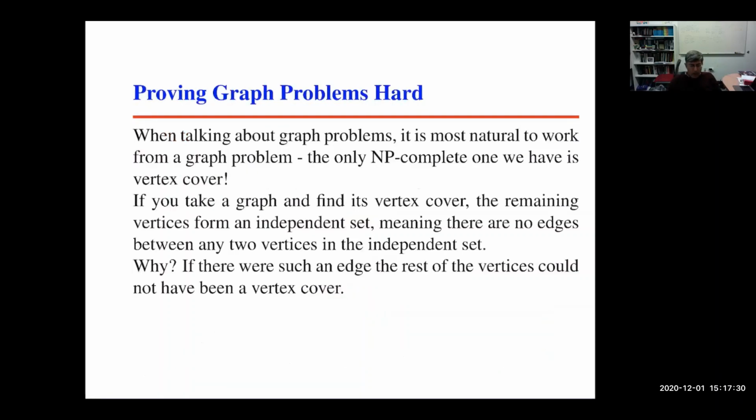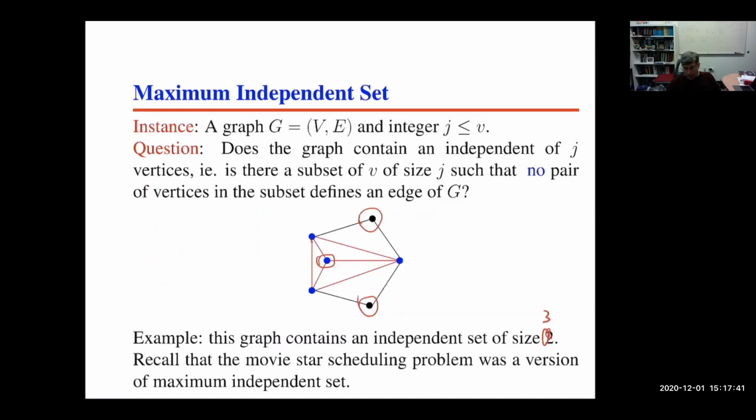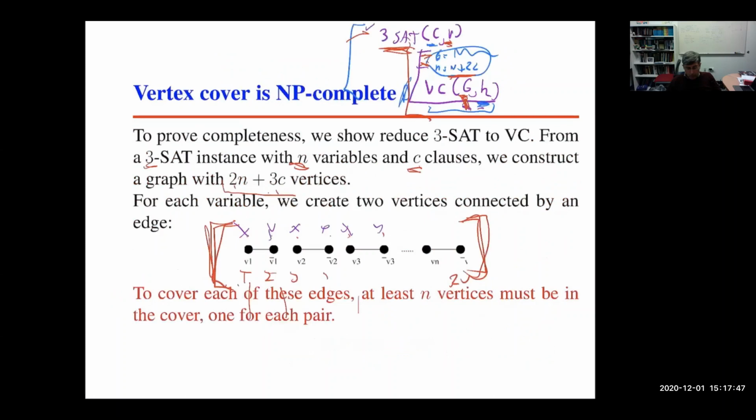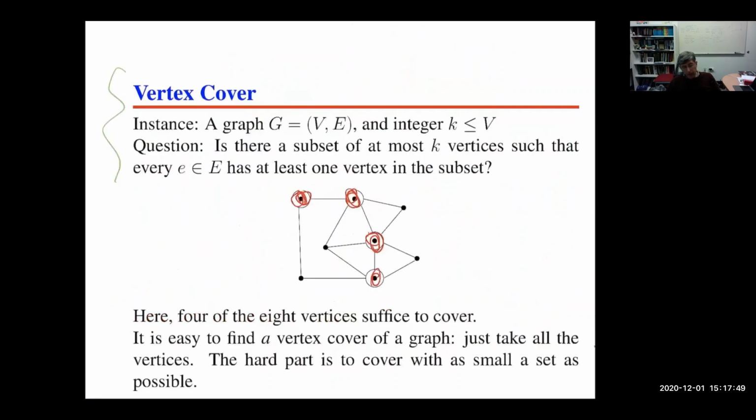And when you think of it that way, again, I encourage you to take a look at these things. See if we can find a connection. I think people are saying it here. Go back to my earlier example of what a vertex cover is. If I take the vertices that are not in the cover, people are observing, all the vertices that are not in the cover have to form an independent set.